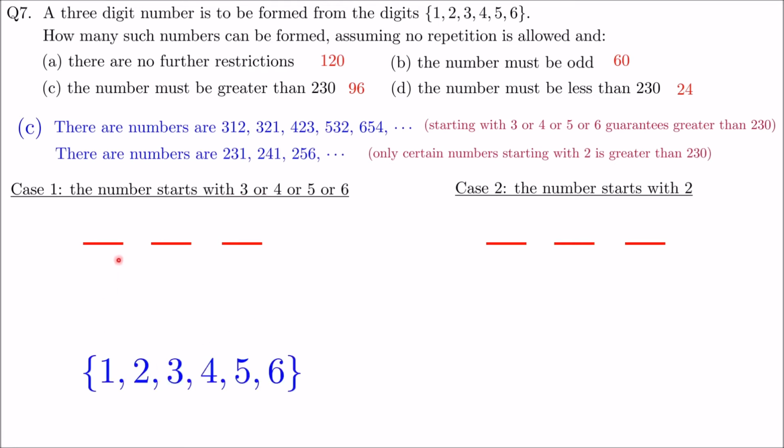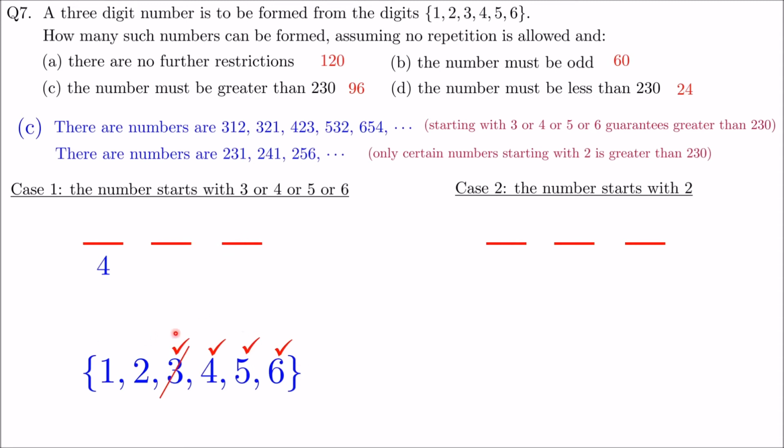Okay, so the first digit, we have to go with this case, right? So there are 4 options. We can make use of these 4 digits. Let's pretend you used up 3. Now, as soon as you start with 3, any of these remaining digits will work, right? The overall number will definitely be greater than 230.